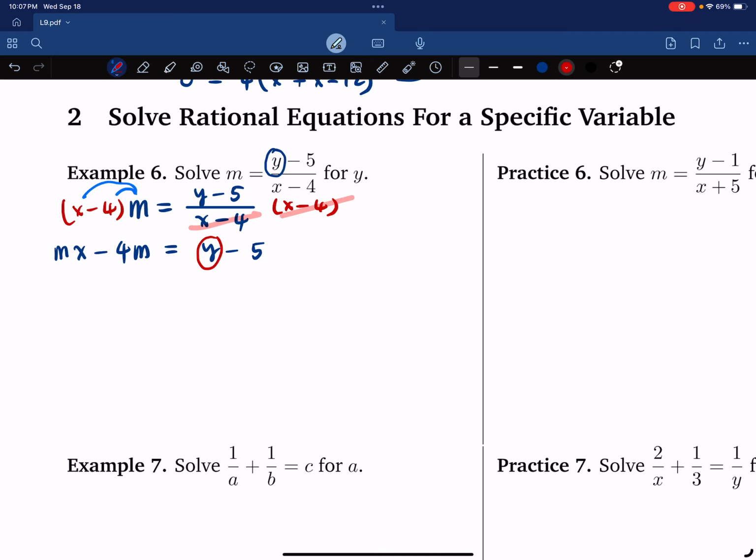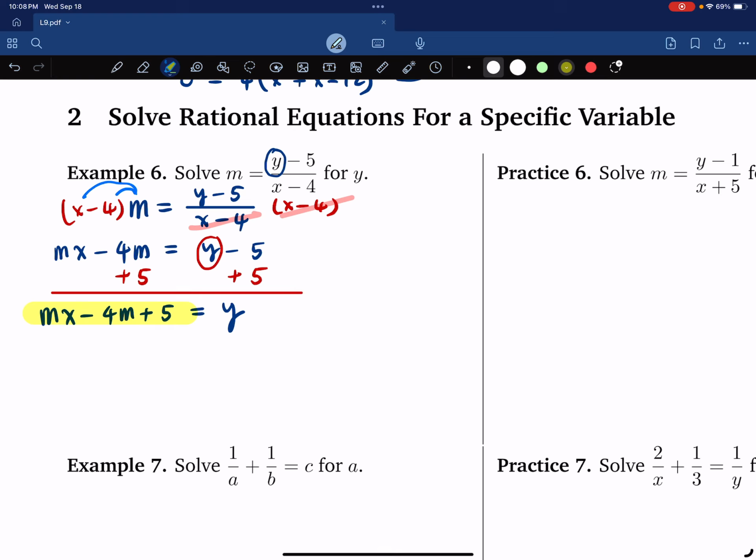The inverse operation, plus 5. So we plus 5 on both sides. And now we have an algebraic expression on the left hand side, mx minus 4m plus 5 equals, on the right hand side, it's y. And that is our solution in this case.